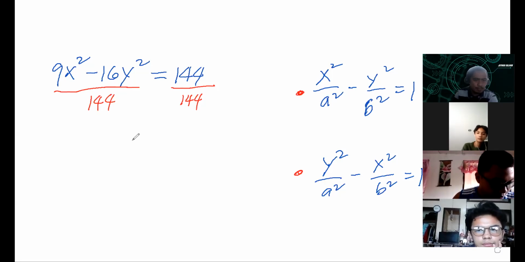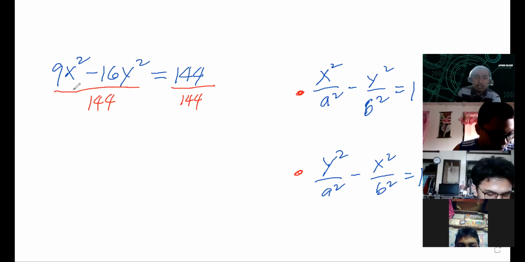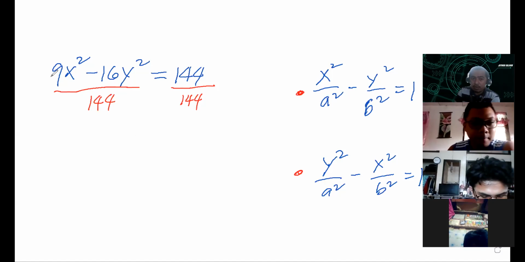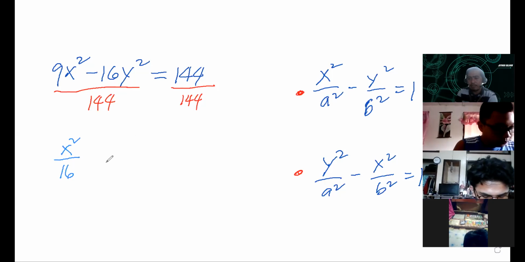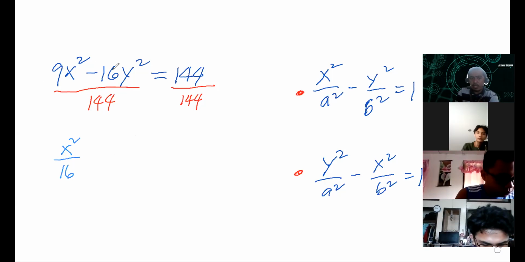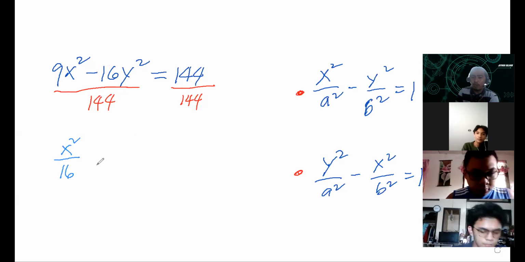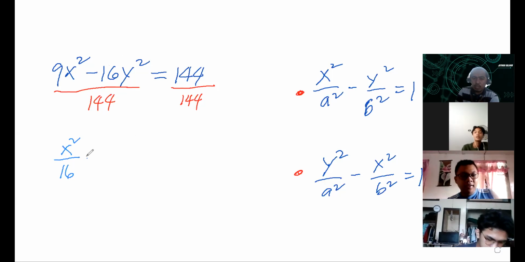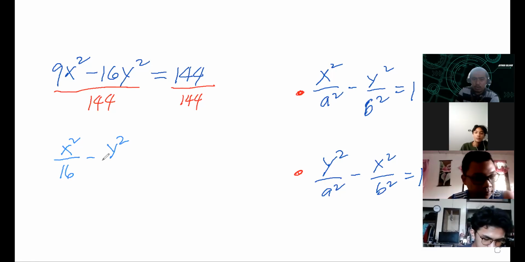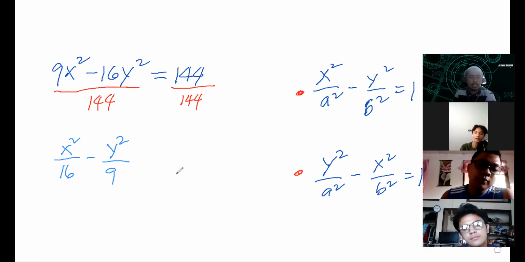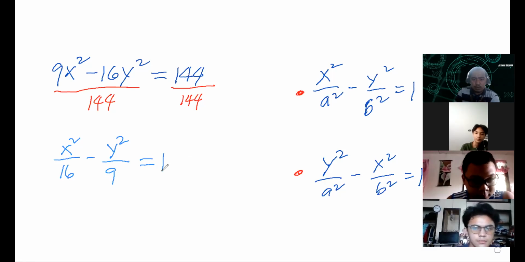Anyone? 16, sir. 16. So it becomes 1 over 16 here, right? So it will be x squared over 16. Agree? Yes, sir. While here, what is 16 over 144? 9. So it will become 1 over 9. So it will be y squared over 9, right? And the right side is 1.